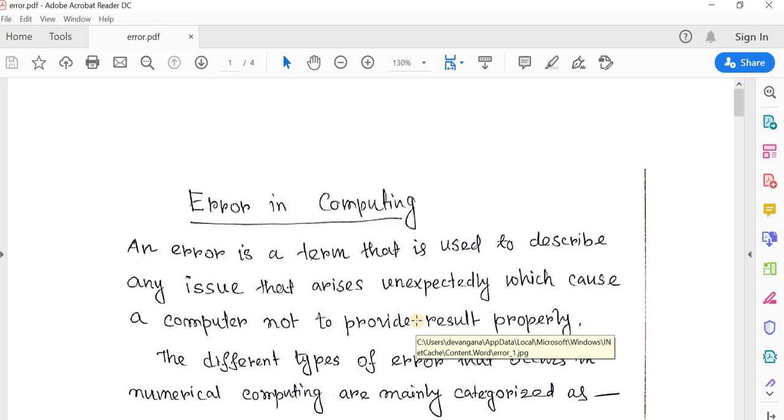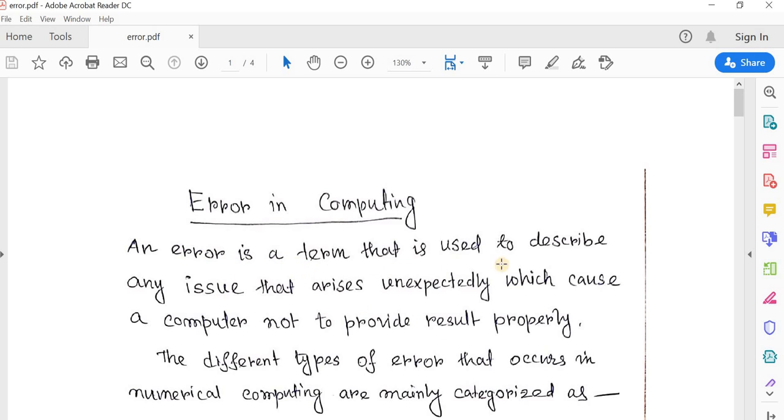Error means a term for how far an answer is from the true value. How far an answer is from the true value can be measured in different ways. You can see here the definition.